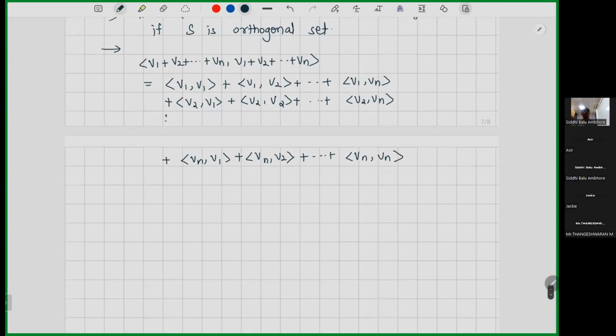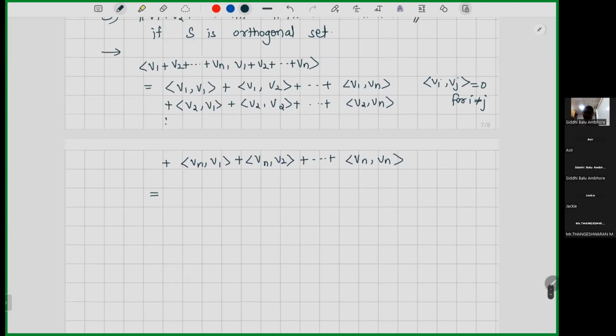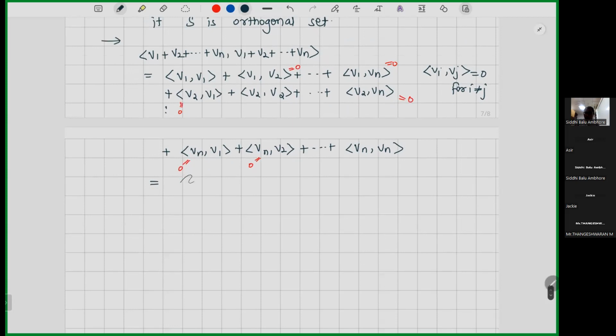And since this is an orthogonal set, vi comma vj is 0 for i not equal to j, and the rest stay. So all the cross terms become 0, and the only things that remain are v1 comma v1 plus v2 comma v2 plus so on up to vn comma vn.